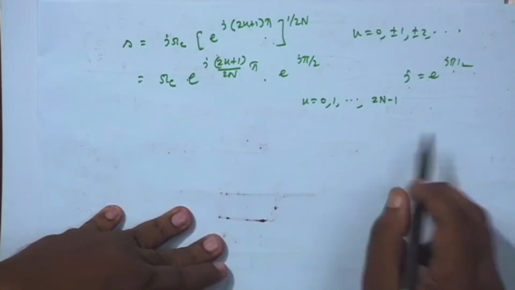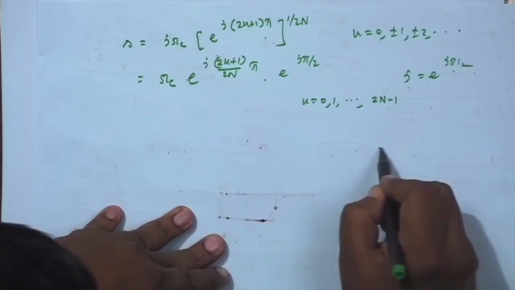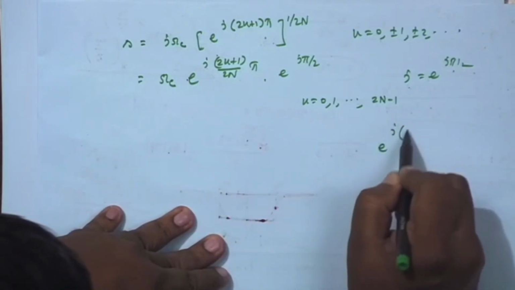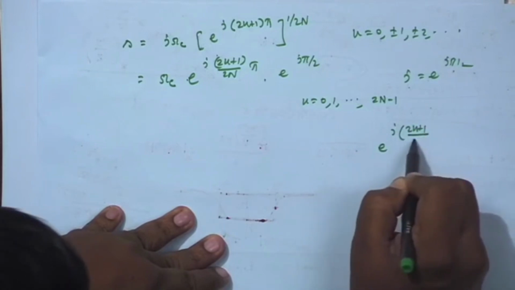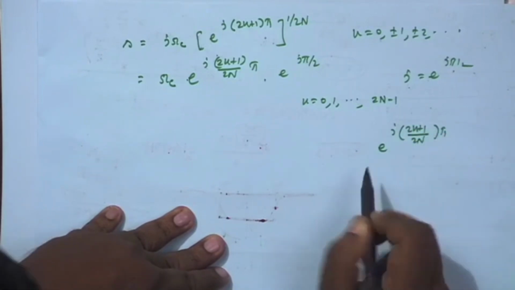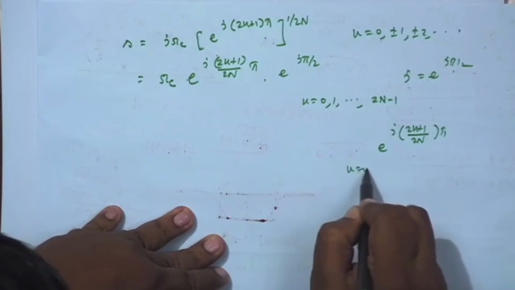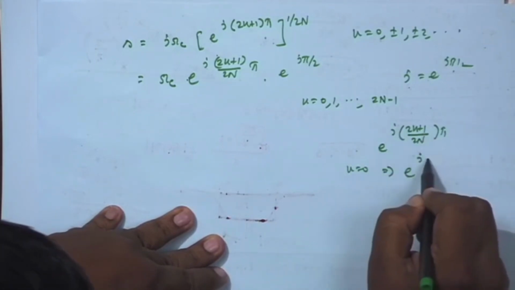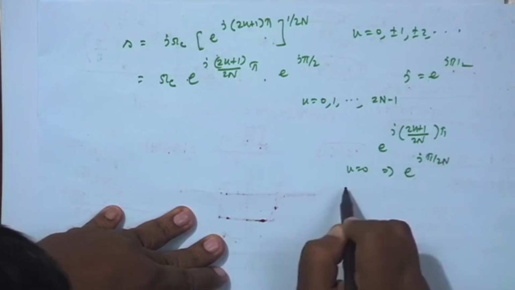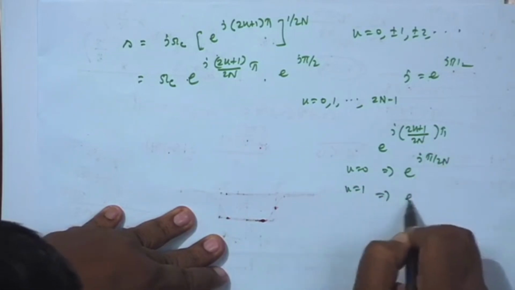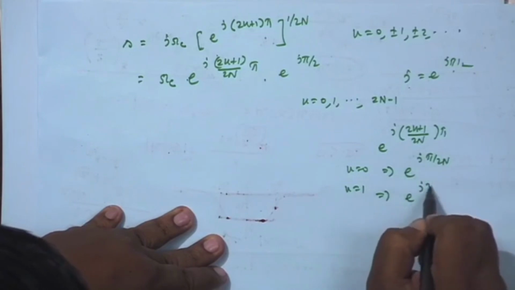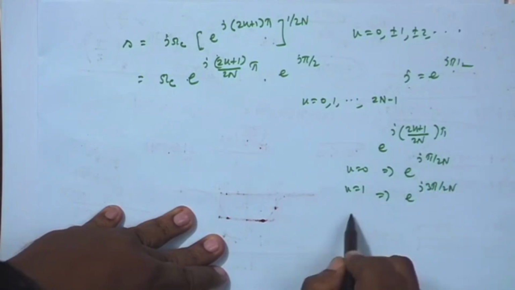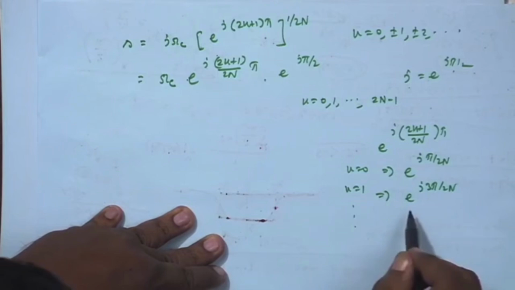Then, if you consider this factor, it is e to the power j (2k plus 1) by 2n into pi. So, for k equal to 0, how much is it? It is e to the power j pi by 2n. For k equal to 1, how much is it? It is e to the power j 3 pi by 2n. Dot dot dot. How far can it go?